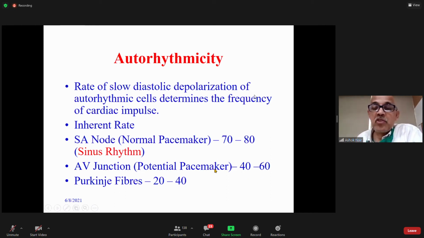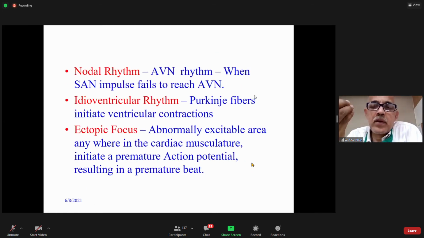It has been driven at a much faster rate, so it's called overdrive suppression. The ventricles will not be contracted, so during that period the patient might experience fainting spells till the nodal rhythm starts generating the impulses.